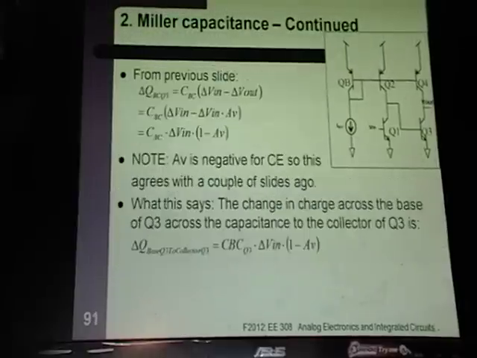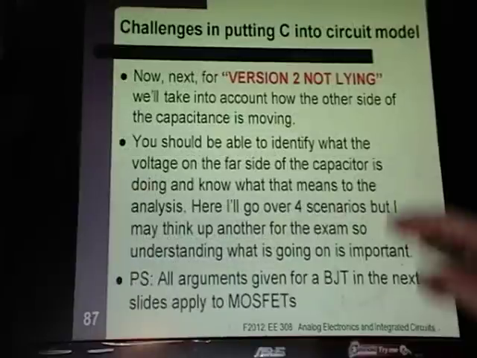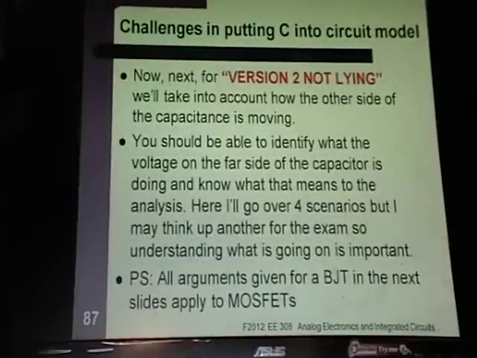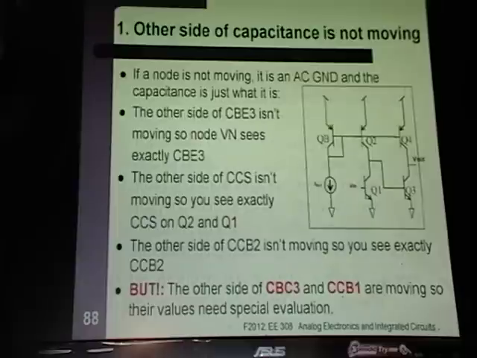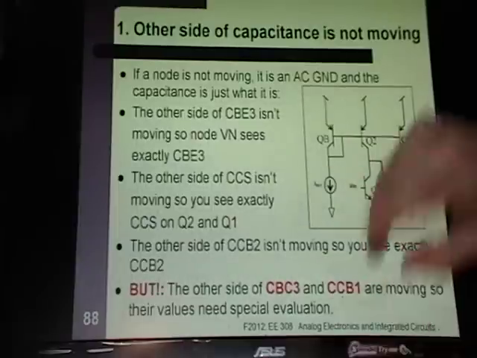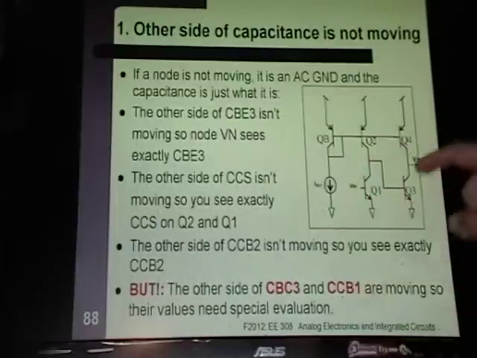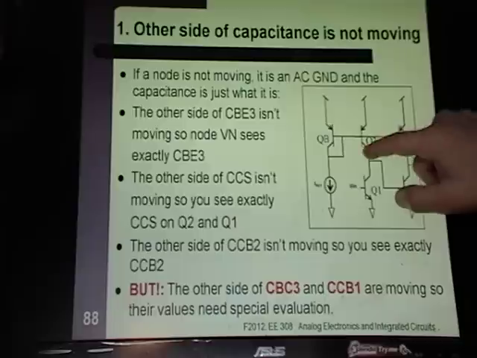Okay, so that is whatever this is, and anything I say about MOSFETs is true about BJTs and the other way around. Okay, so any place here that you have a capacitance where the other side isn't moving, you just take that capacitance. So let's look at this. I have a collector substrate capacitance, substrate that's tied to a DC value.